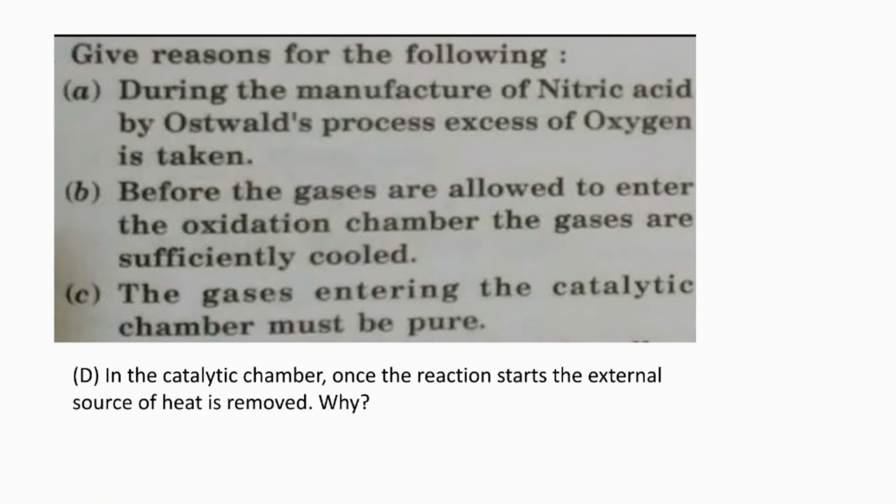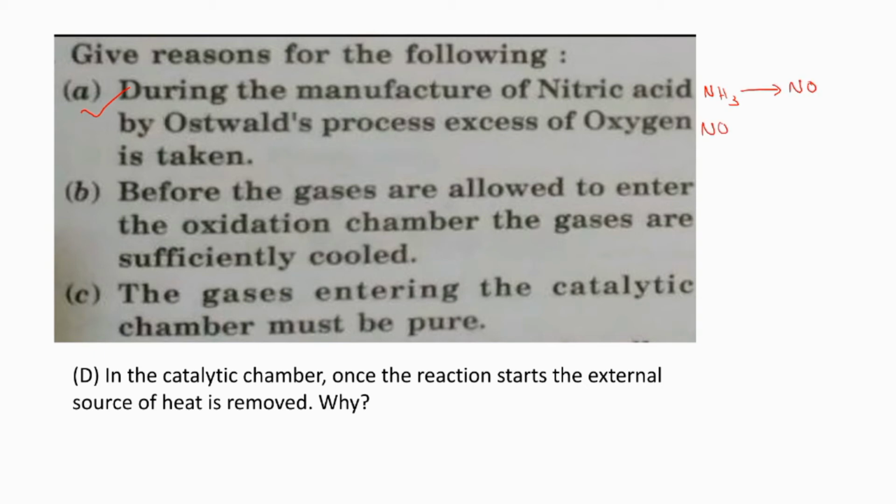See, these are the board questions related to the industrial production of nitric acid, that is Ostwald's process. Read that. During the manufacturing of nitric acid by Ostwald's process, excess of oxygen is taken. So, how to answer that question? We need to tell that in the first step, for the conversion of ammonia into nitric oxide, oxygen is required.